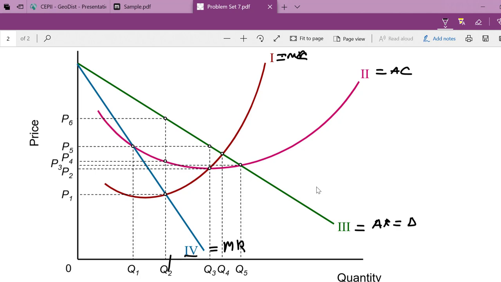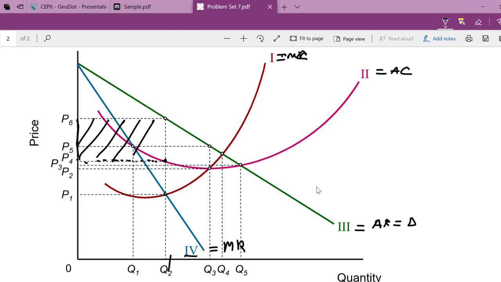First, at the profit maximizing output, this quantity is sold at P6, but produced at P4 cost. This is where the average cost is, and it is sold at P6. So the costs are below the price. When the costs are below the price, that is a short run, because we are now making profit.